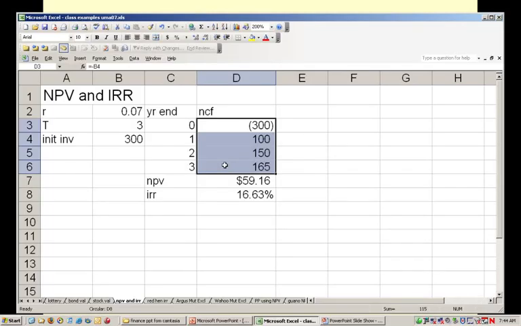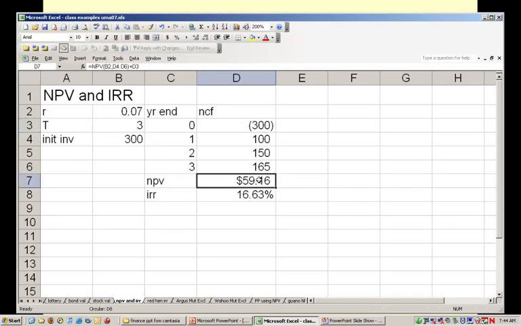That's because the NPV function always reads the first cell in the parentheses as occurring at the end of the first year rather than at the end of year 0. And if it reads it as occurring at the end of the first year, it will discount it by dividing it by 1 plus r. And that would give us, if we allow that to happen, an incorrect net present value calculation.